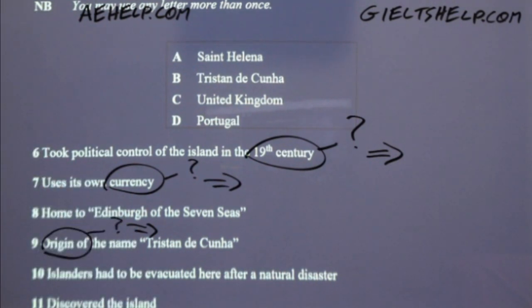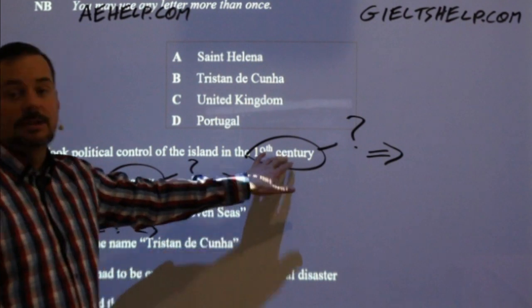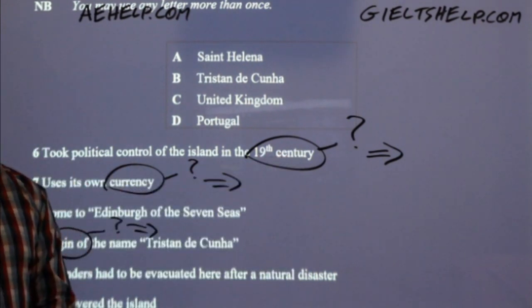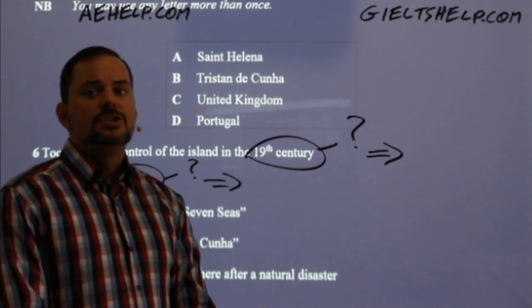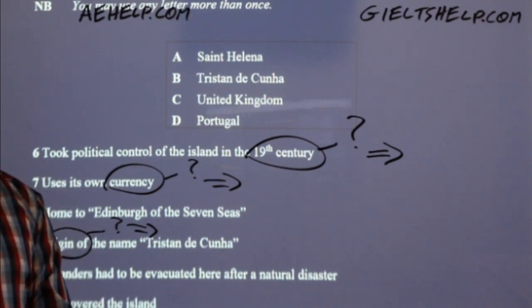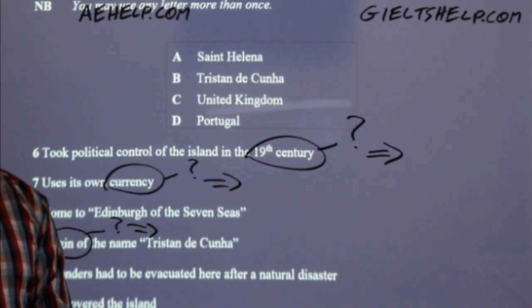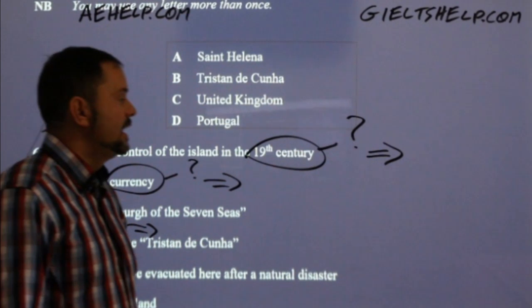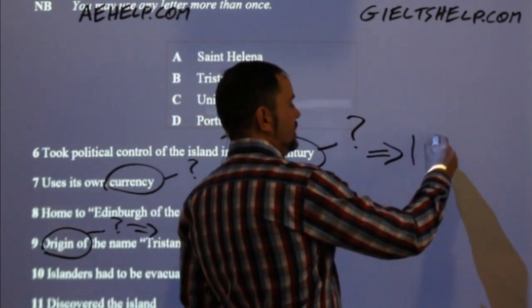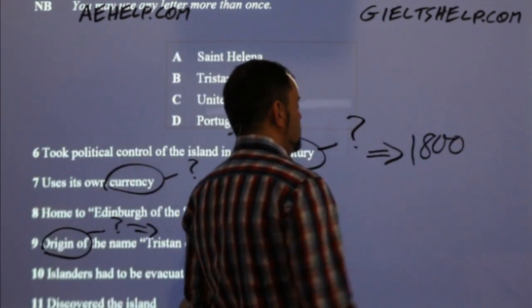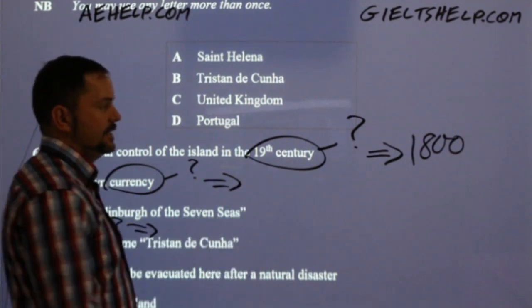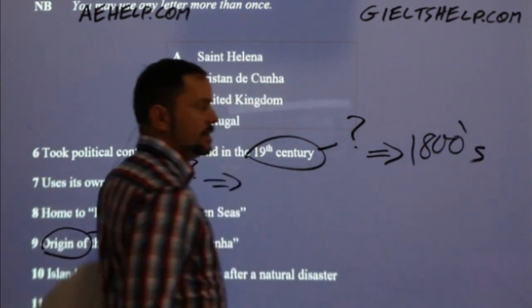So, 19th century, this is sometimes confusing for students. It's not the 1900s, but it's the 1800s, right? So you might see 1800s in the passage.